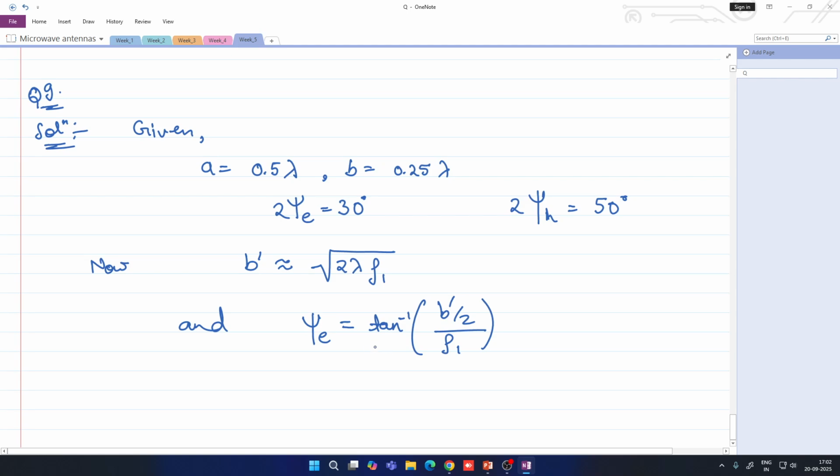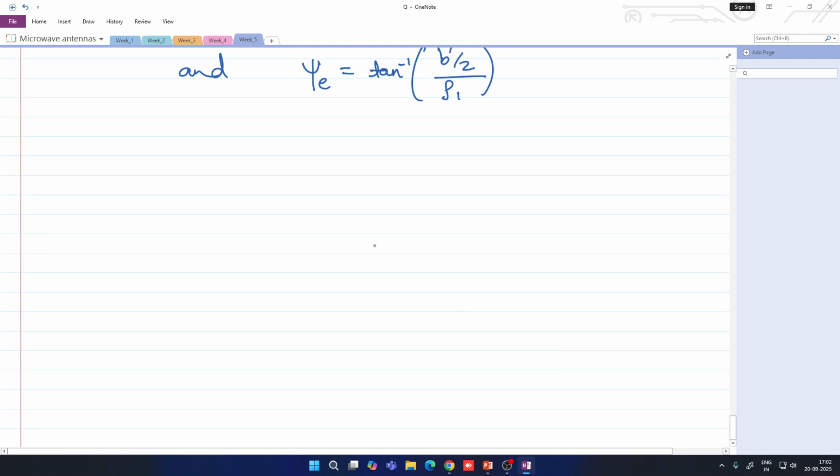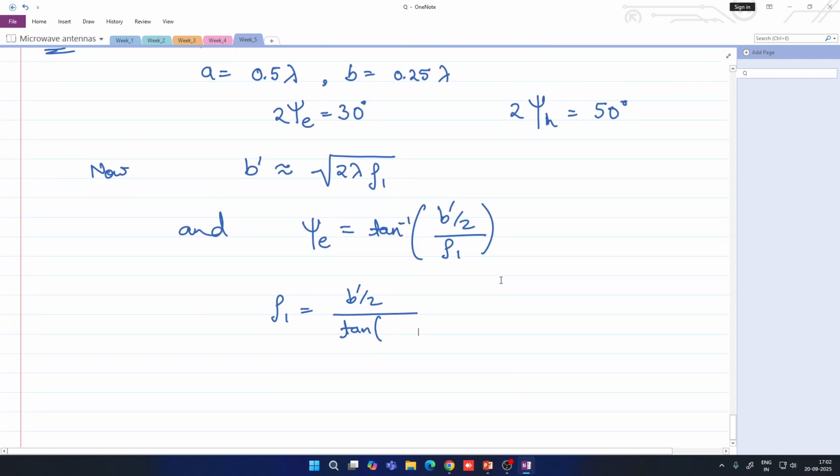Now using equations 1 and 2, we can write rho 1 as b prime by 2 divided by tan 15 degrees, because 2 psi is 30, so psi is 15.